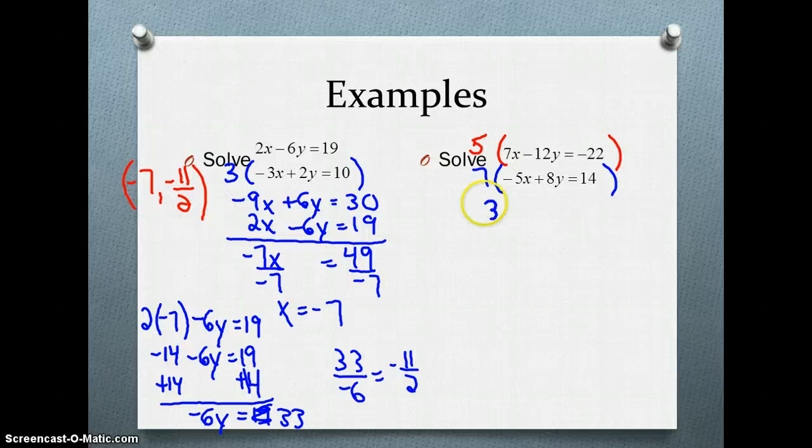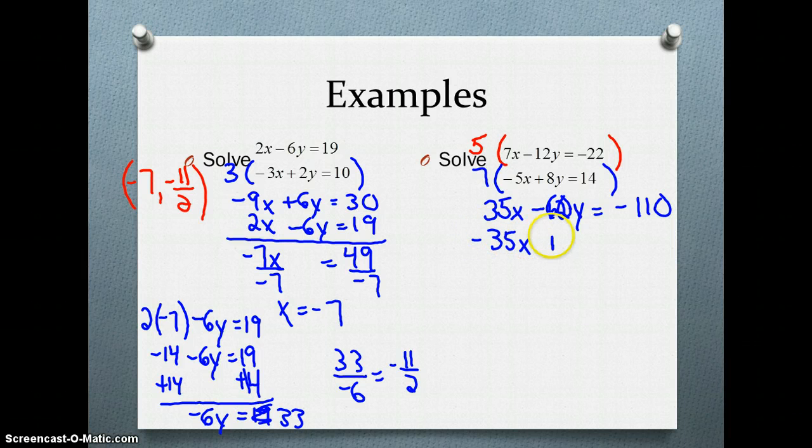So I'm going to have 35x minus 60y equals negative 110. And then the bottom one here will give us negative 35x plus 56y equals 7 times, this will be 98.